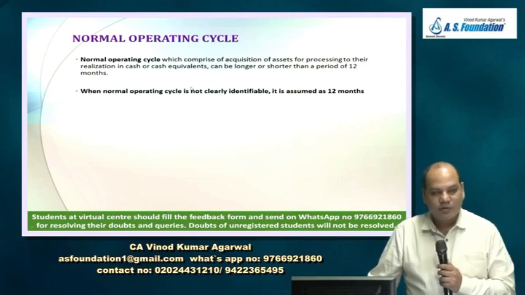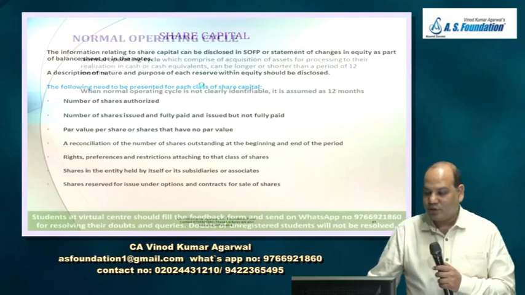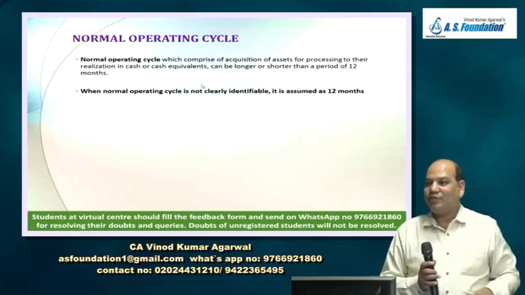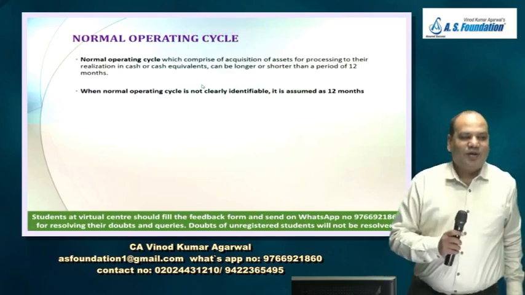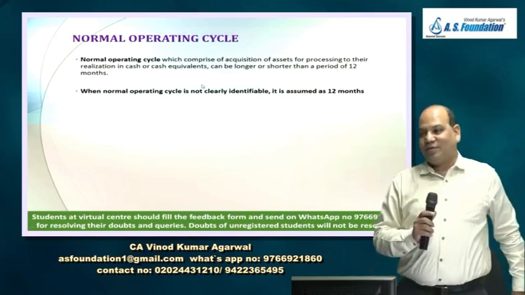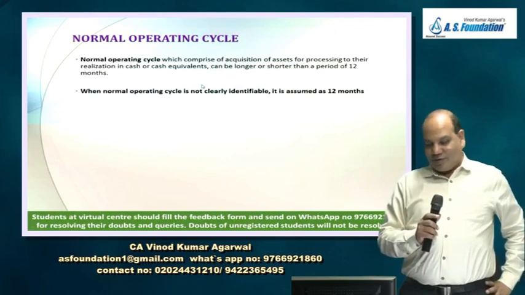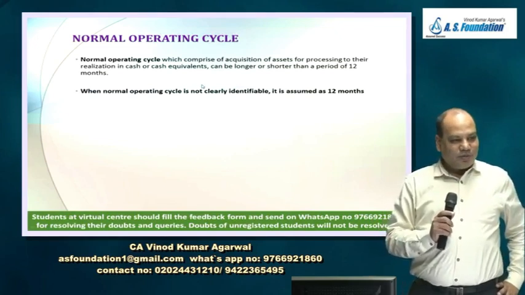Example, liquor industry, wine, champagne, okay, older the wine, better the taste. Some of them store it for 10 years, 15 years, 20 years, 40 years also, and then they sell it for a very high price. In that industry, the normal operating cycle is more than 12 months.